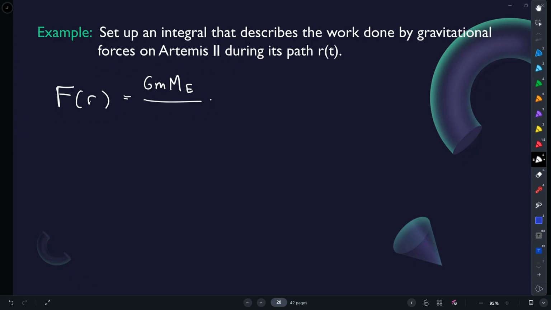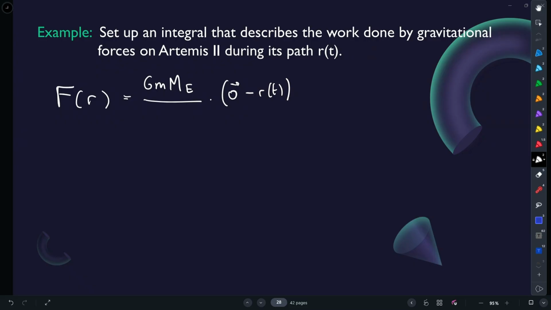So that means that r(t) is in coordinates with respect to Earth. So I want the vector that goes from the Orion ship to the Earth. So it is the position of Earth minus the position of Artemis, of the Orion ship, like that.